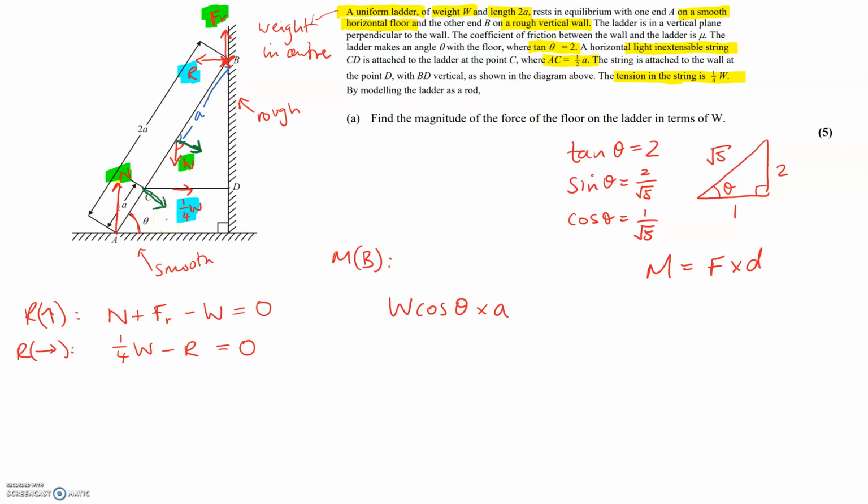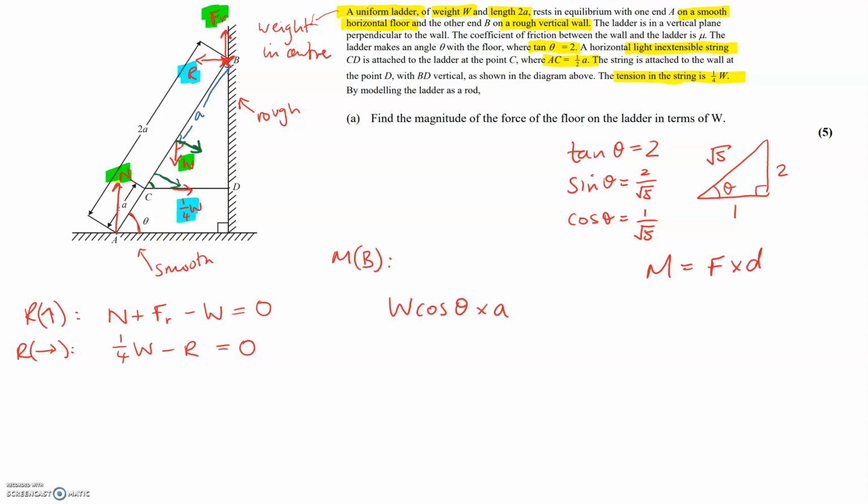Now this one's a little bit trickier to spot, so it's probably easier for me to draw that over here. And the angle that I have here is also theta, because those are corresponding angles.